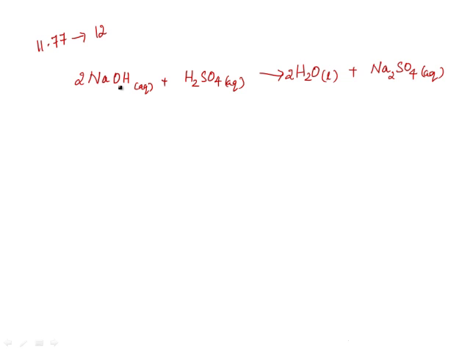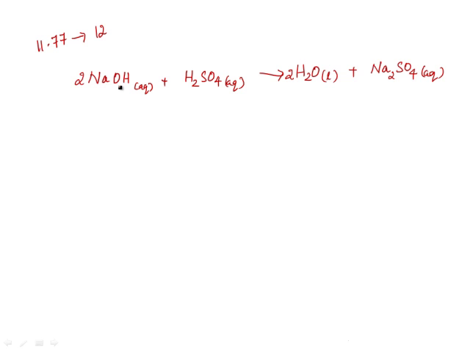Now we are going to see what are the quantities given to us. So 20 ml of H2SO4 is titrated with 0.9854 molar NaOH and 35.77 ml of NaOH is required to neutralize.